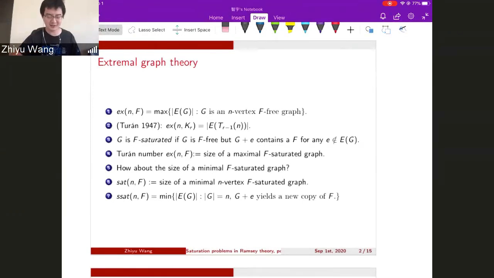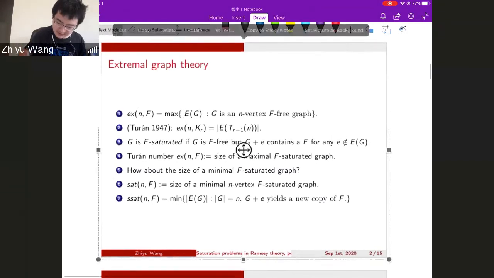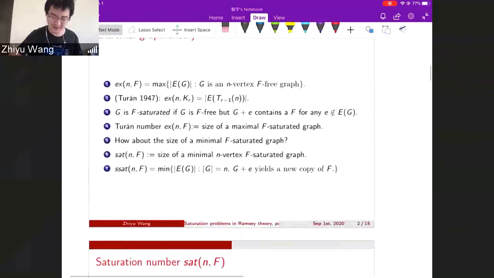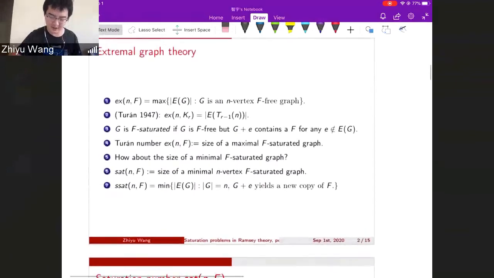So how is it related to saturation? Given this F, we can define G to be F-saturated if G is F-free, and we also have the condition that adding any edge not in G will create a copy of F. That is the idea of saturation: adding any non-edge will break the property that we want to preserve.